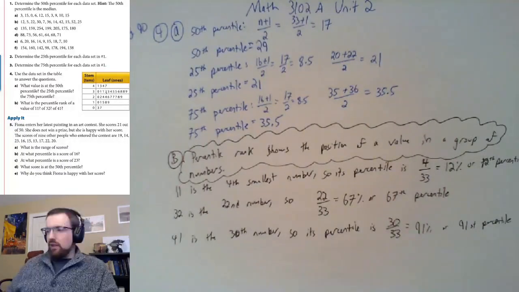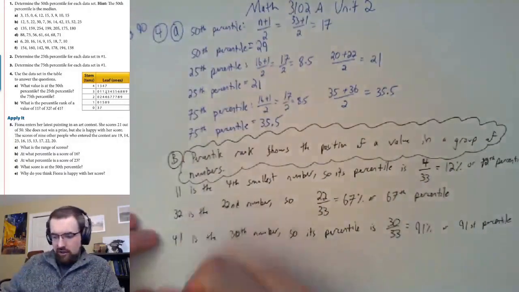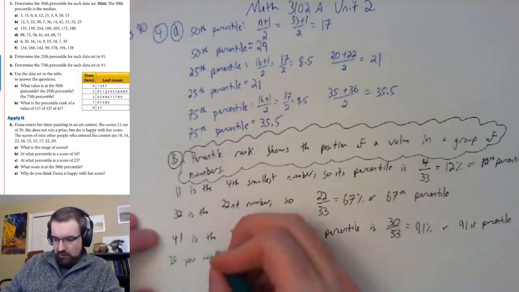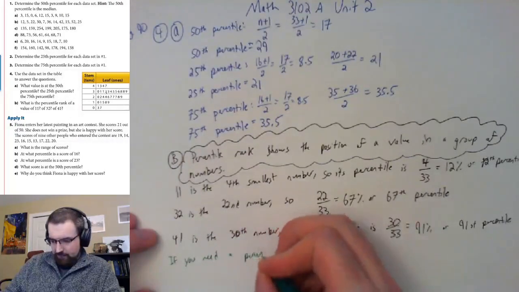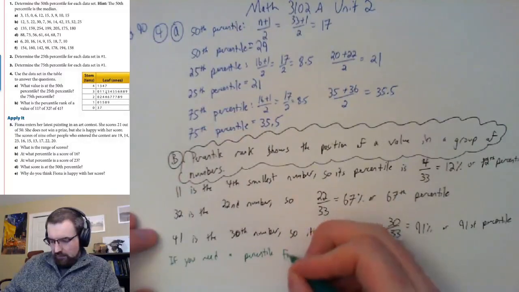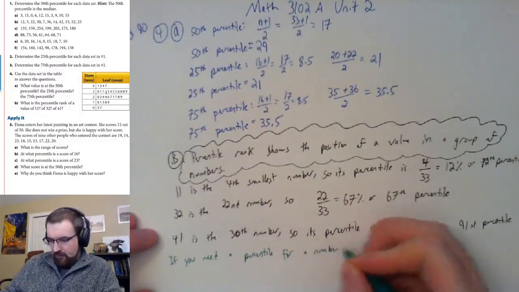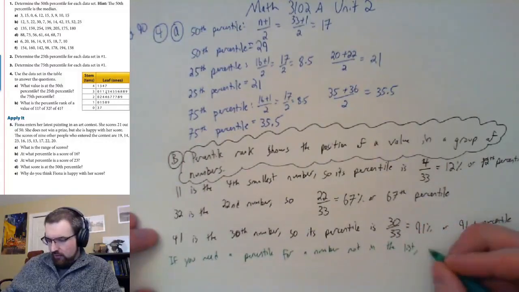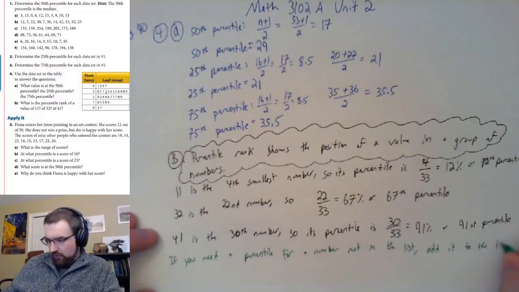So, as an aside, if you need a percentile for a number not in the list, add it to the list.